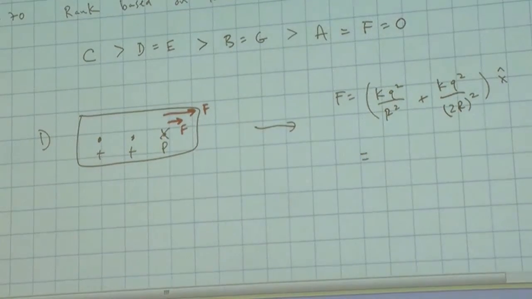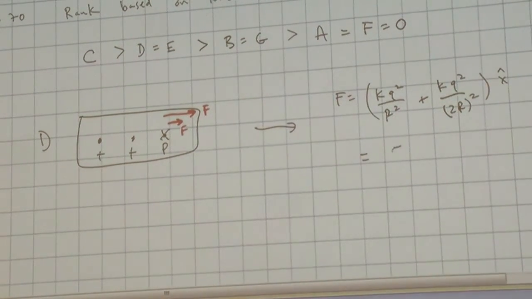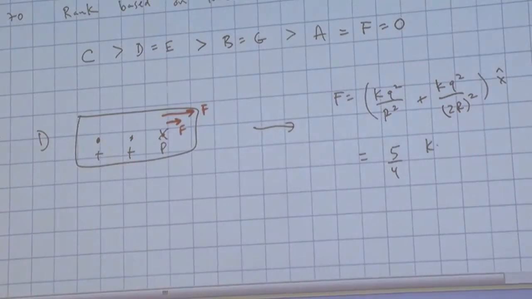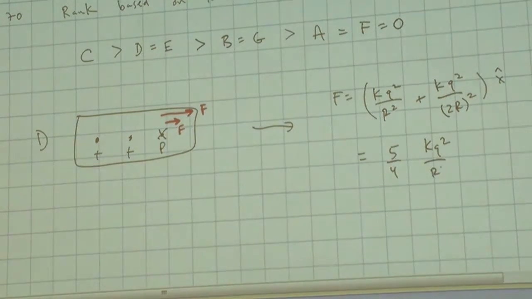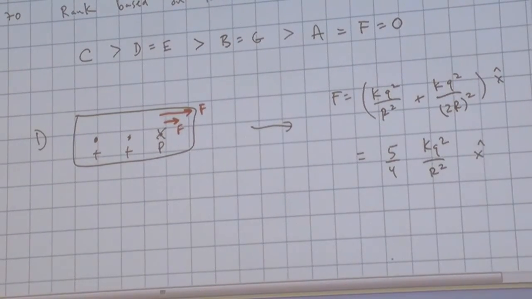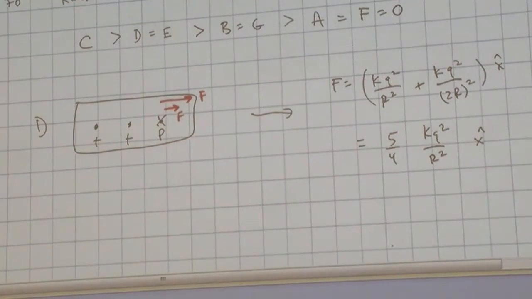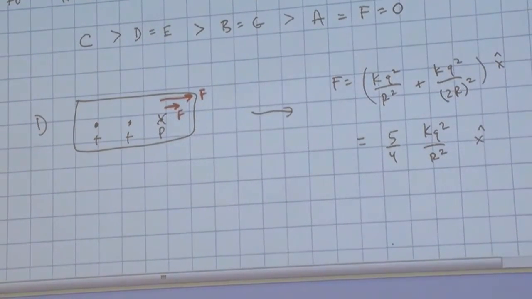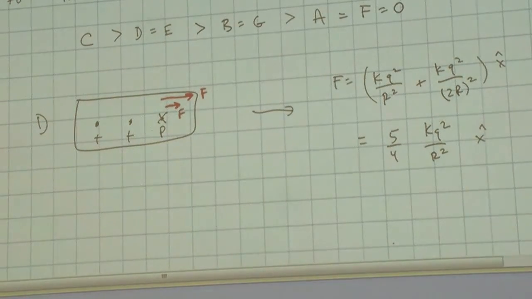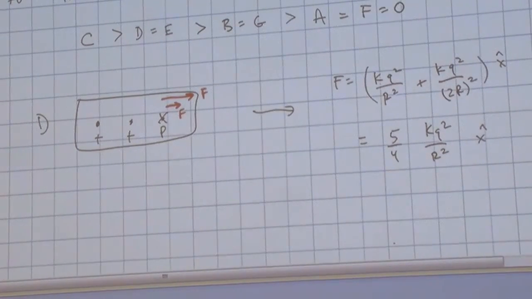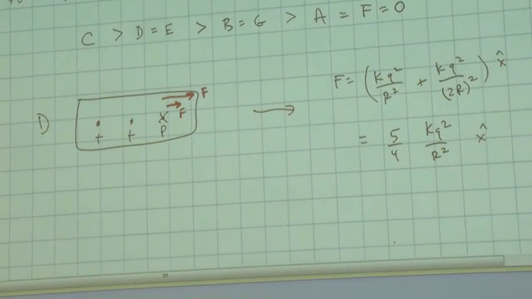And we get 5/4. So one of them is producing a force that's 1/4 of the other one, but we're adding them together. So we get 1 1/4 times the single force. I think that works out to this ranking, doesn't it?